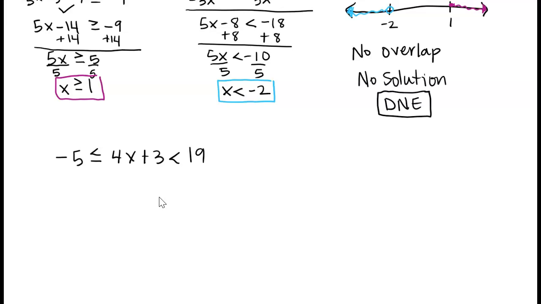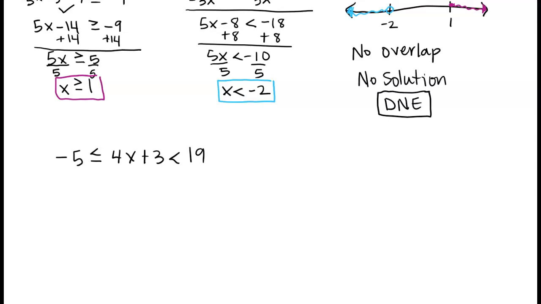One way we can solve it, and there's more than one way to do this, is to get the x by itself in the middle. So how am I going to get x by itself in the middle? Well, I want to move my 3 over first, right? I'm always doing my add and subtract first when I'm solving, and then my multiply or divide.